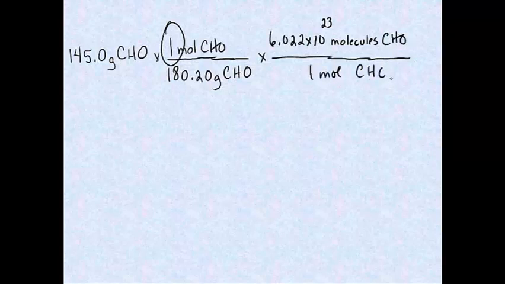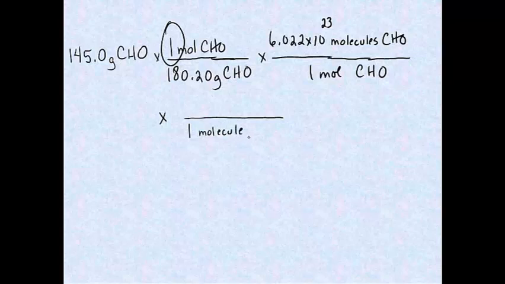Now, if I stopped here at this ratio, I would be able to tell you how many molecules of glucose I have in 145 grams. It's not what the question's asking. So I have to go one more step. My next ratio has to equate the number of hydrogen atoms to 1 molecule of the compound.